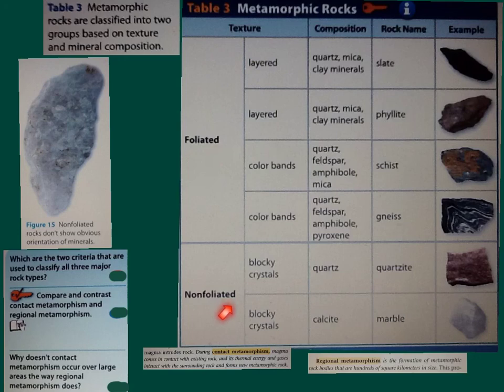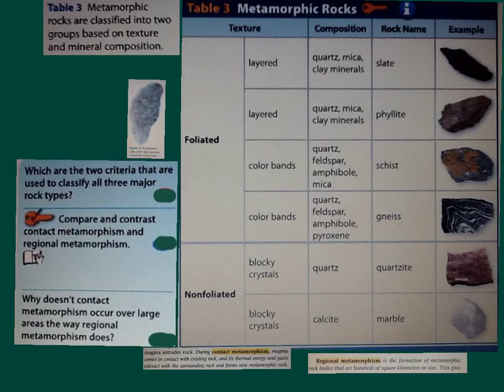Remember again that we're looking at both texture and composition to determine what type of rock it is. Foliated and non-foliated is very important. What comes inside of it, quartz or calcite, feldspar, some of the same ones that we've seen in the past, is the composition. That's what it's made up of, so that we can tell where that rock was composed.